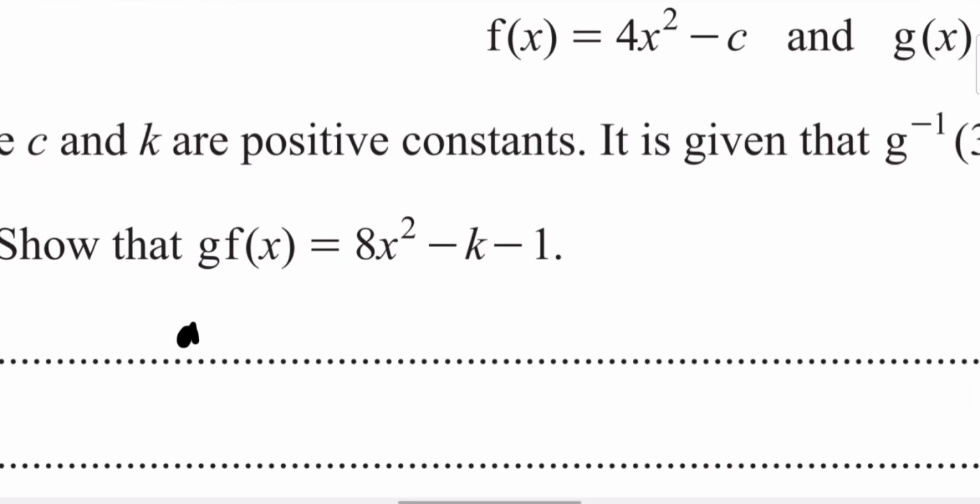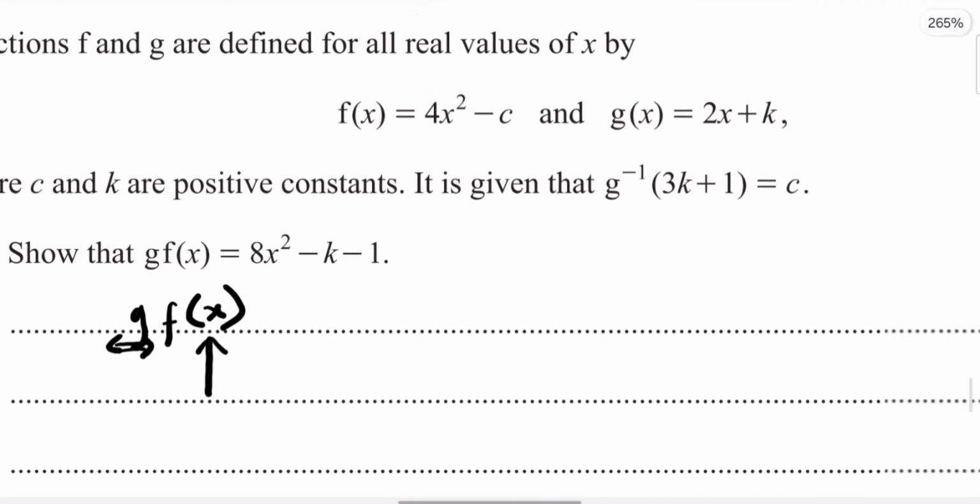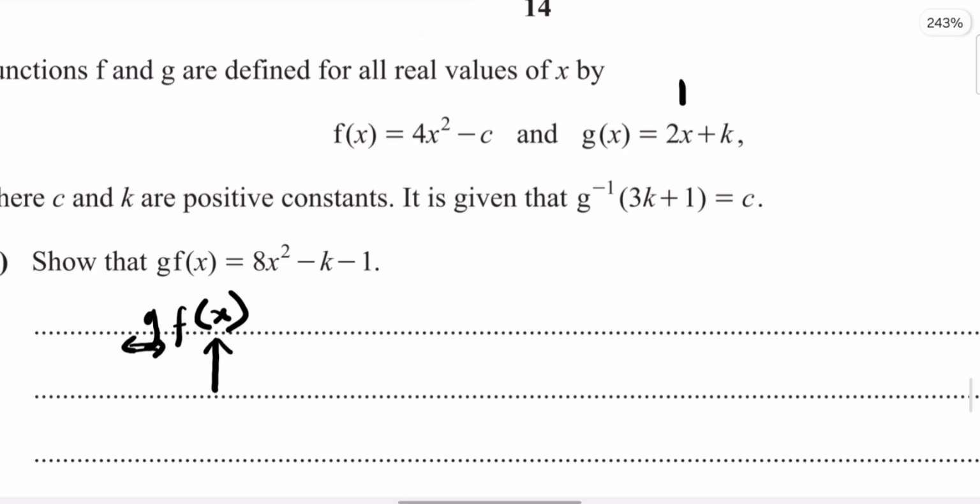And to get g f of x, right, it's just us substituting the x part in g of x with f of x, right? So this x part, we're replacing it with f of x.